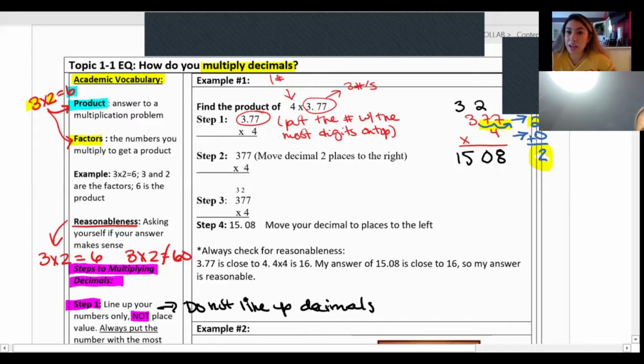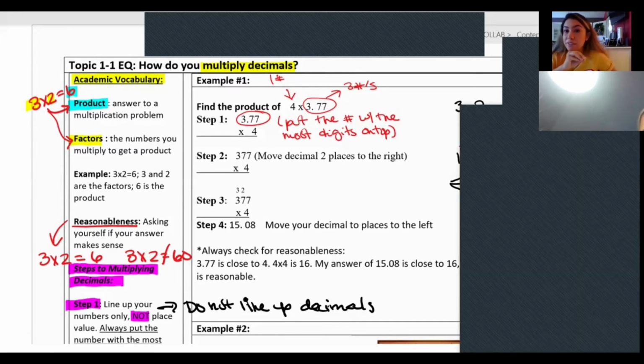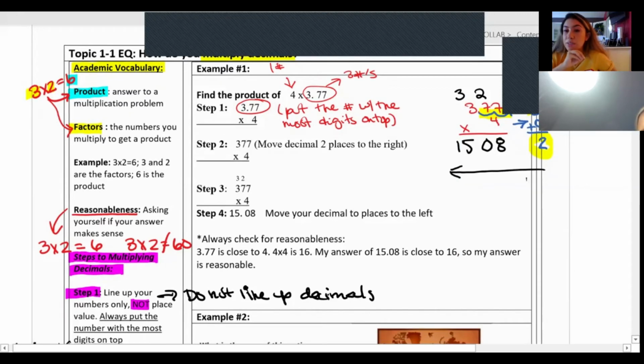And then we look at that blue number 2 and we know that we're going to move our decimal from the right to the left 2 times. So we're going to go from right to the left twice, as Ms. Flemington just did. So she starts all the way from the right and goes doop doop to the left twice, and now we have 15 and 8/100ths.